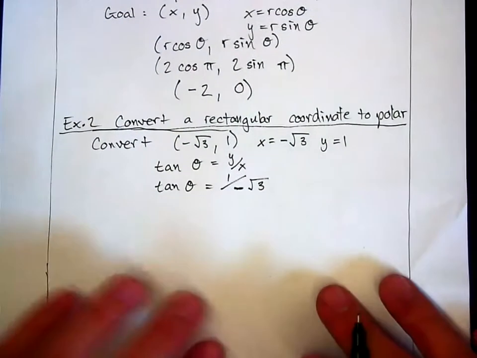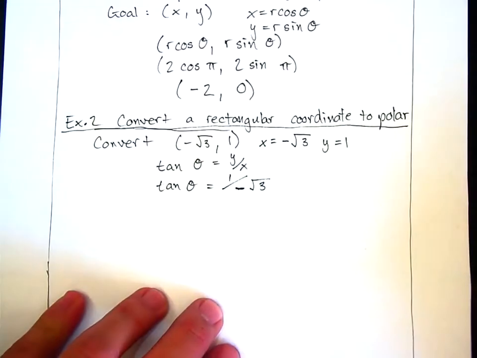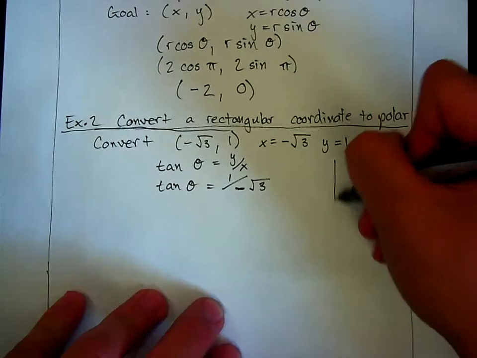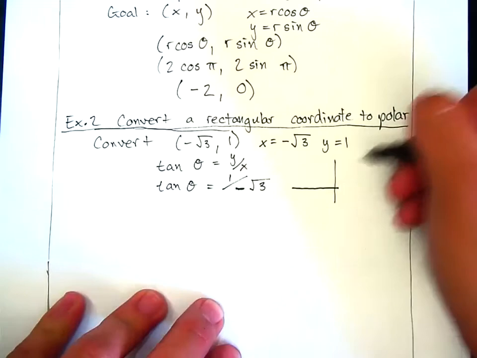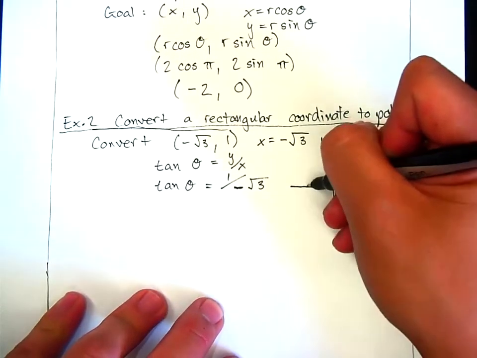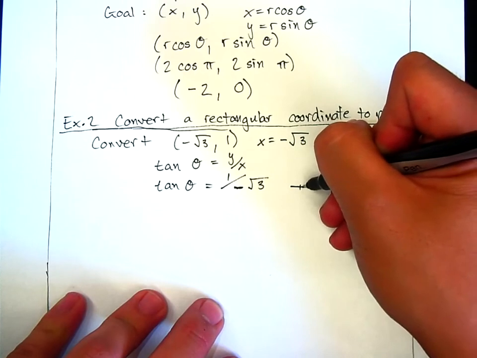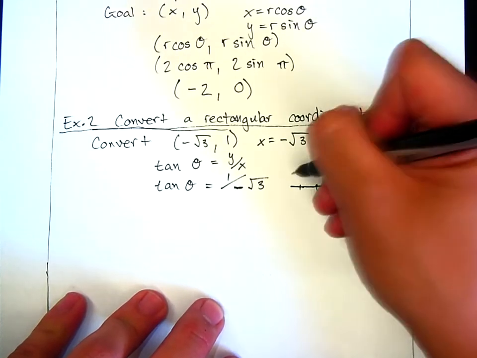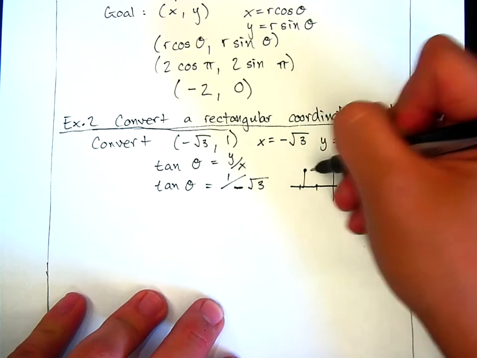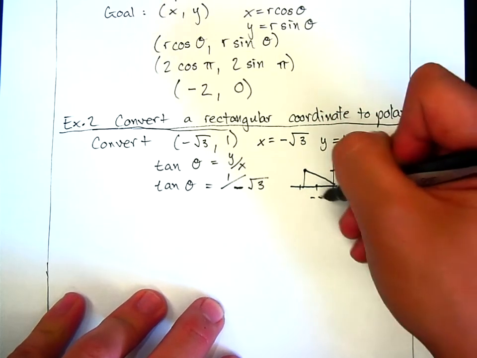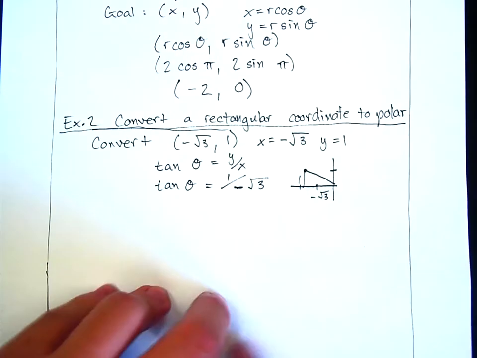If you remember your unit circle, then you can go ahead and skip ahead. For me, I'm going to sketch out the triangle real quick. My x value is negative radical 3, so just a little past 1. So there's my triangle.